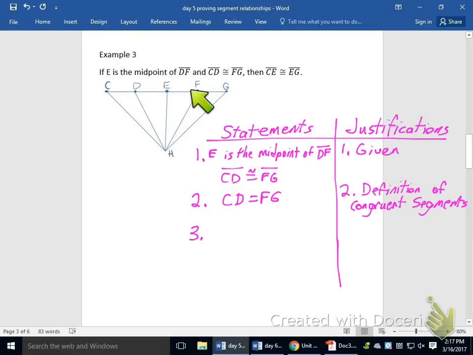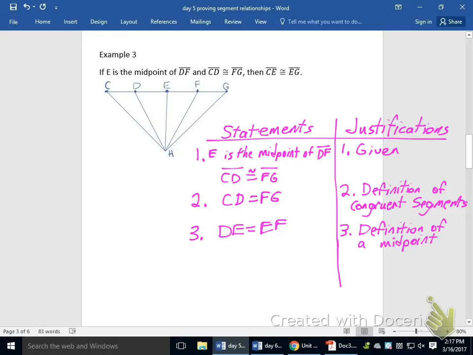That tells me that DE and EF are the same, so I'm going to say DE equals EF by definition of a midpoint. It would not be midpoint theorem since I was talking about the measures. If you're talking about the measures, you're talking about the definition of a midpoint. If you're talking about the segments being congruent, then you're talking about the midpoint theorem.